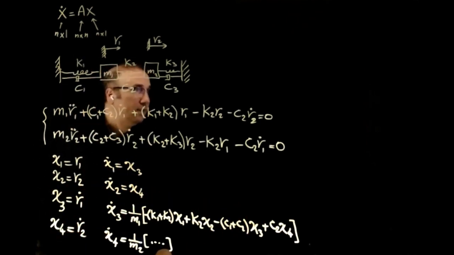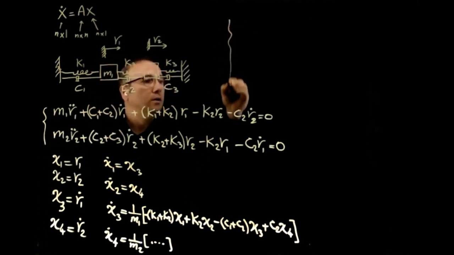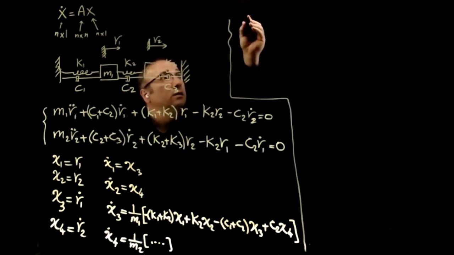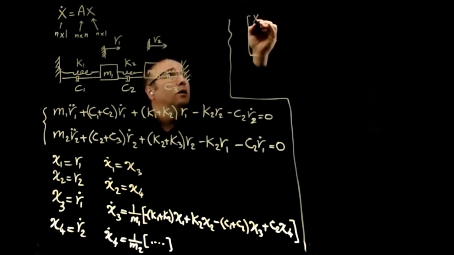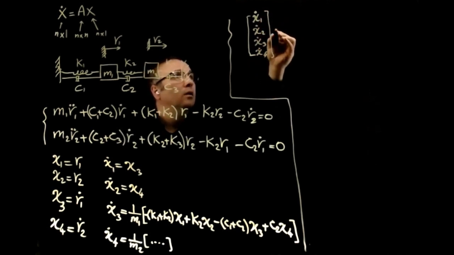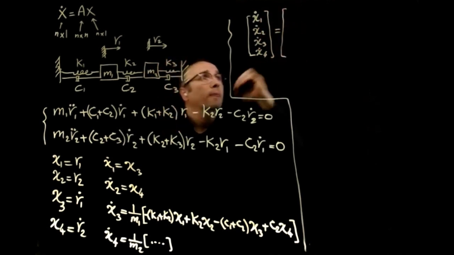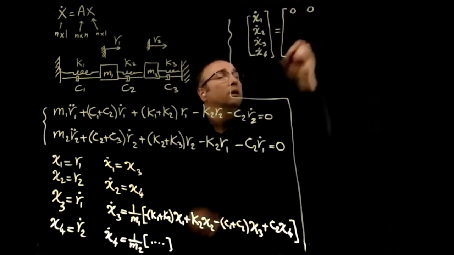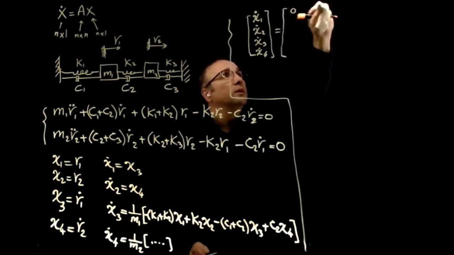So I can write it this way: x1 dot, x2 dot, x3 dot, x4 dot as 0, 0. Let's put some distance between them.